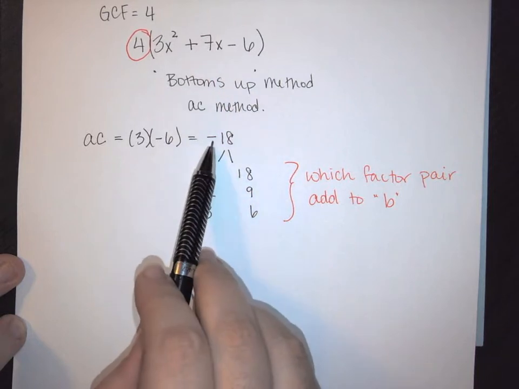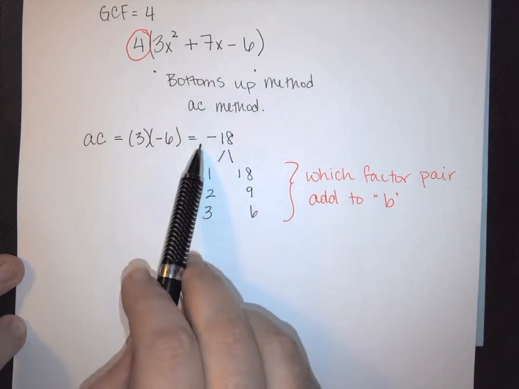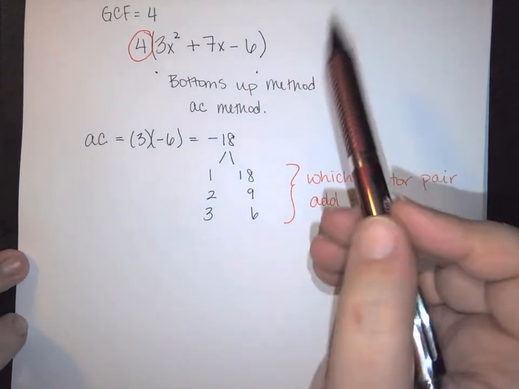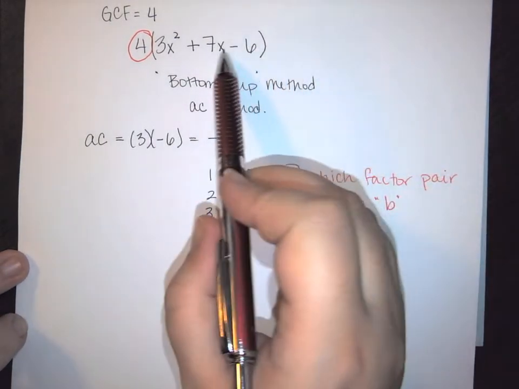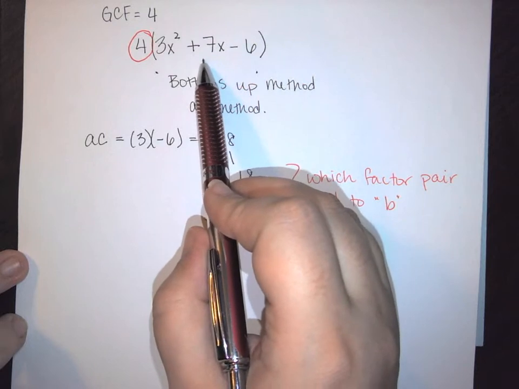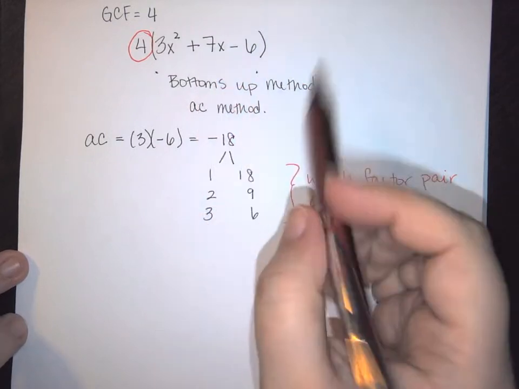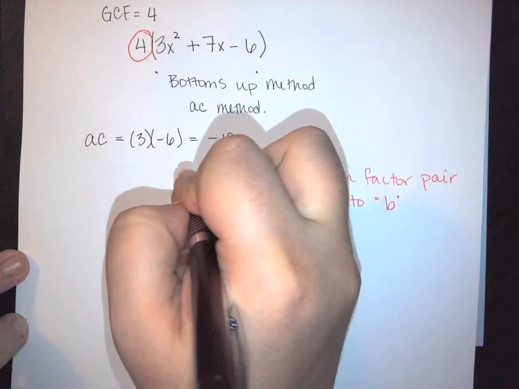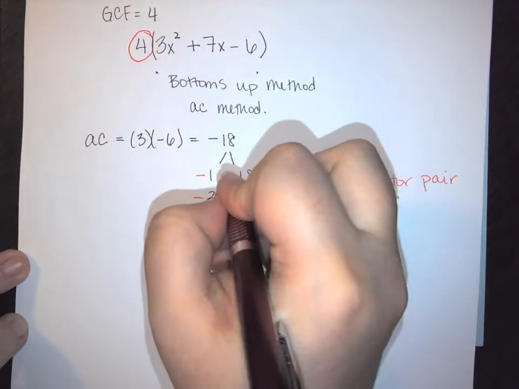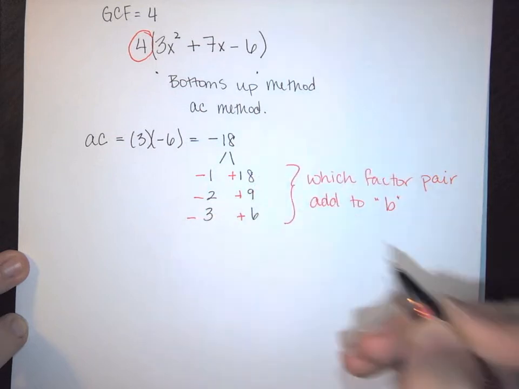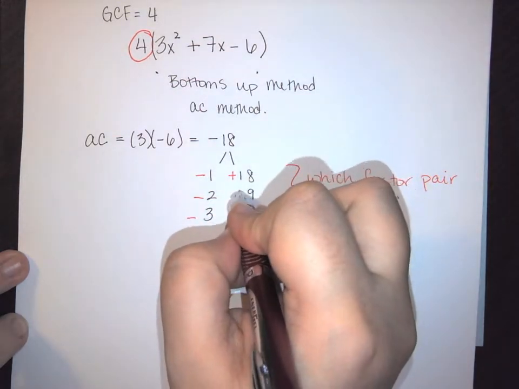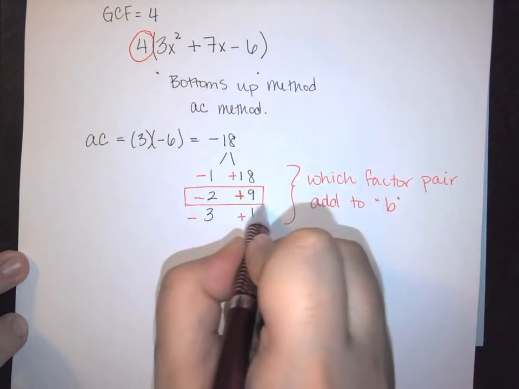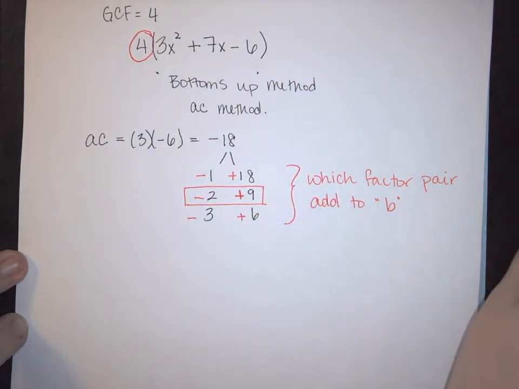We have a negative factor, so that means one factor is positive, one's negative. And because my middle term here is positive, what that actually means is that the smaller factor is my negative factor. So here we're going to have negatives on this side, so we have the bigger factor is positive. So in this case, the factor pair that I want to use is this middle one right here. 9 minus 2 is 7.